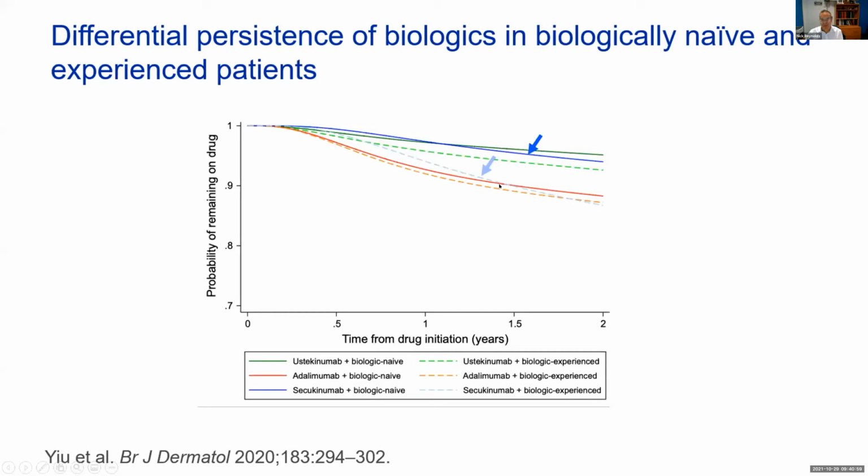So for adalimumab, it doesn't appear to make much difference. On the other hand, for secukinumab in blue and dotted blue, you can see there's quite a wide separation. So for secukinumab, it does matter, and you do less well if you get secukinumab after another biologic. You're better off having secukinumab when you're biologically naive.